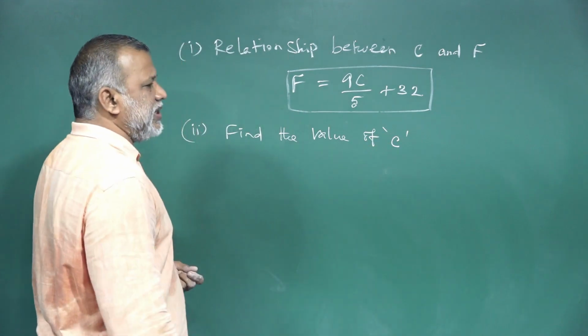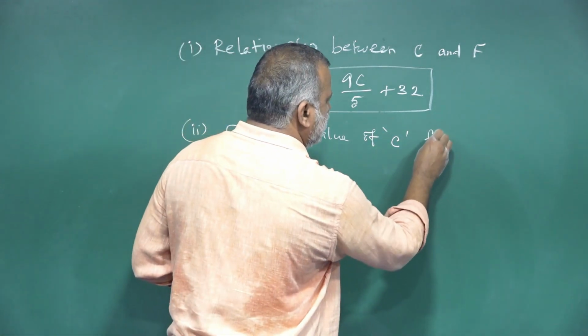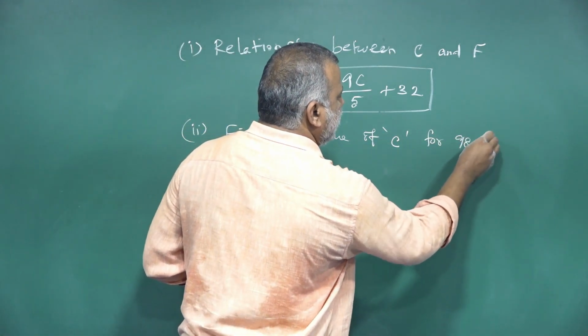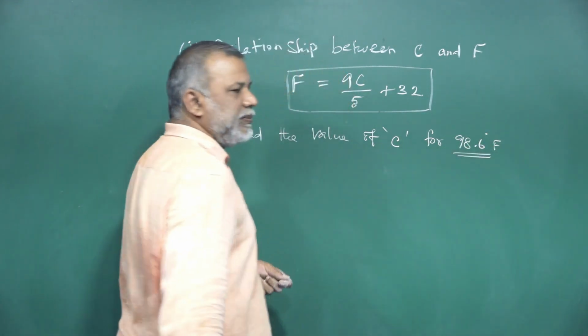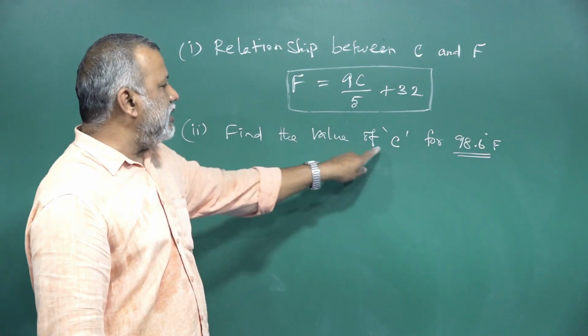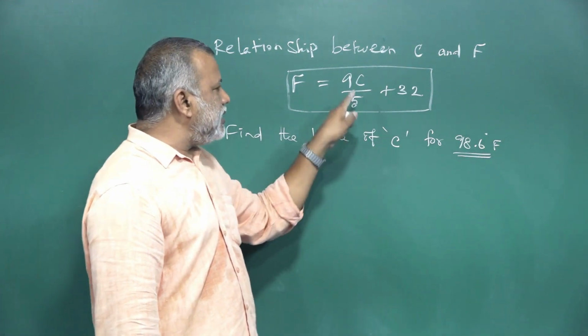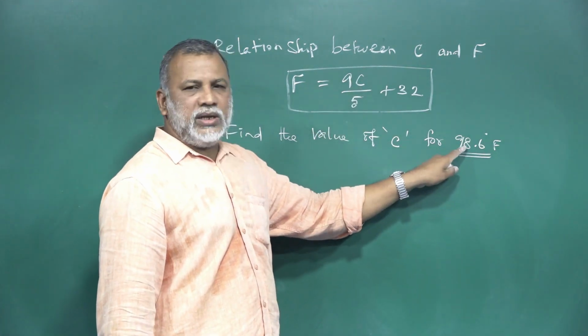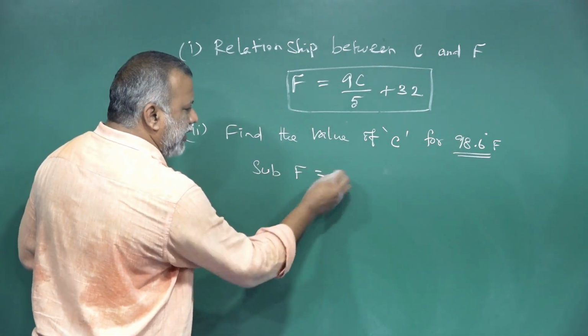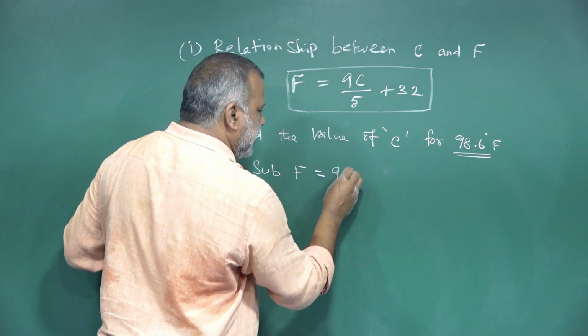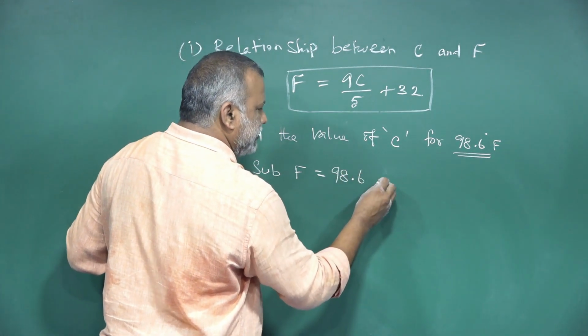Find the value of C for 98.6 degrees Fahrenheit. That means F is given. Then we need to find the value of C. Here C is unknown. Therefore, just a simple concept. Substitute F equals Fahrenheit given 98.6.